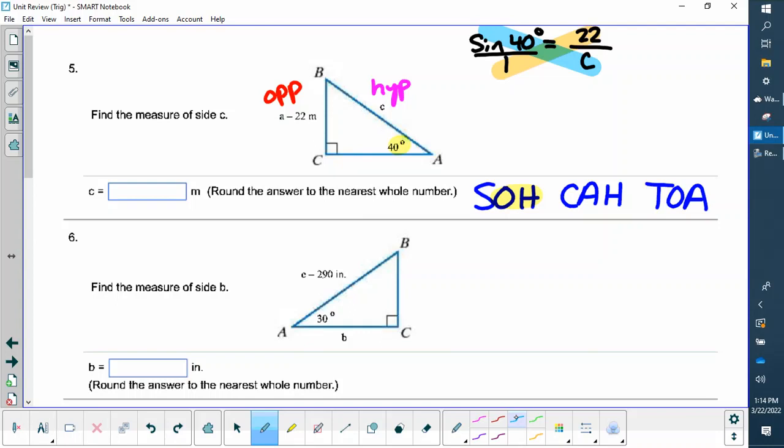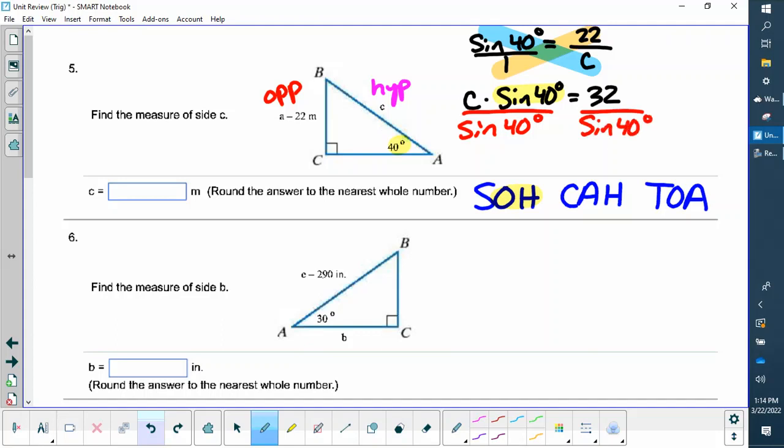But in this problem, I get C times the sine of 40 degrees equals 32. You'll notice my variable is not alone. But you also have to remember, this is a pre-programmed decimal in my calculator. It's a number. The opposite of multiplying by that number is dividing. So sometimes I use division, and sometimes I use multiplication. So this would be a division scenario.